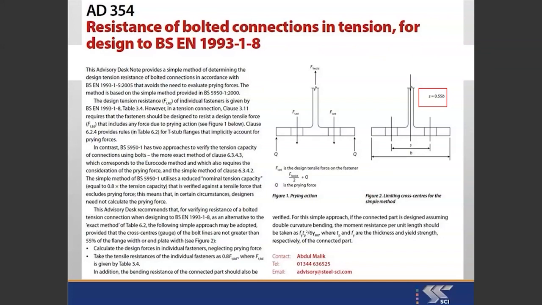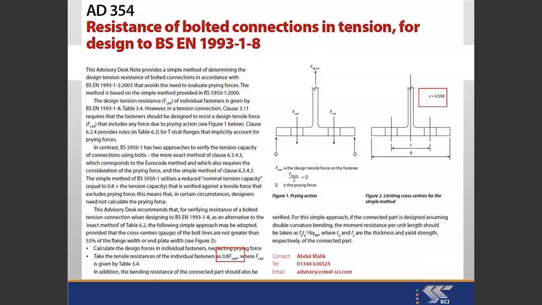And if we constrain ourselves to that requirement, then down at the bottom, highlighted now, we can pursue a simple approach, and that is to neglect prying, but limit our resistance to 80% of the full resistance. And I think, certainly in the United Kingdom, that's what most people will do, and that's what most people will prefer.